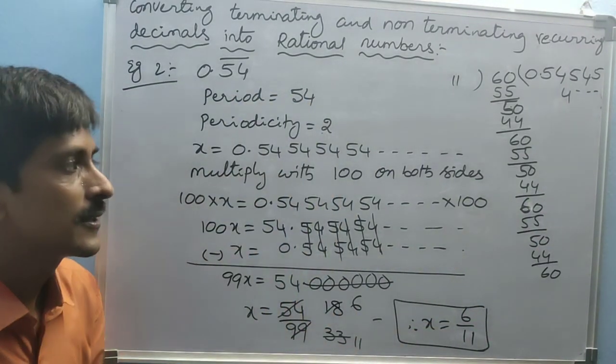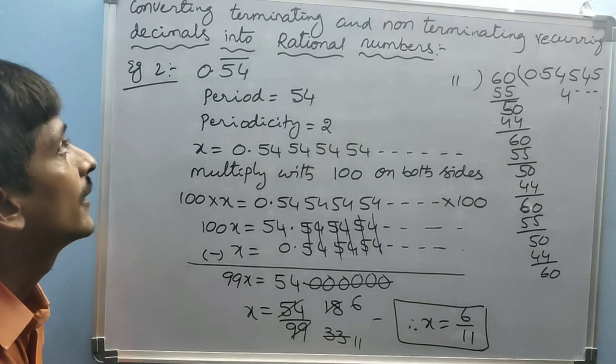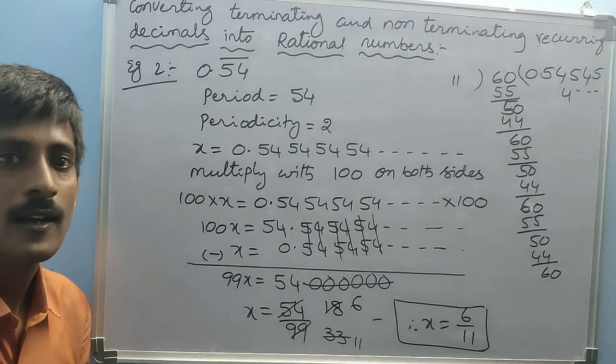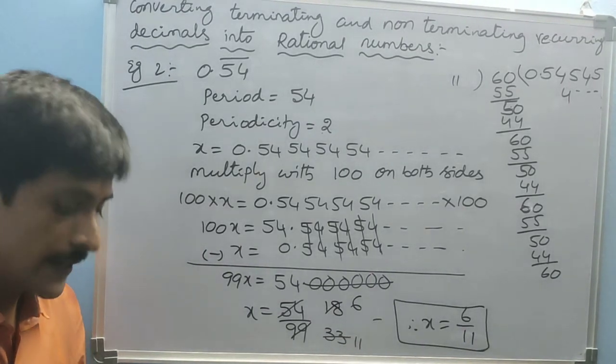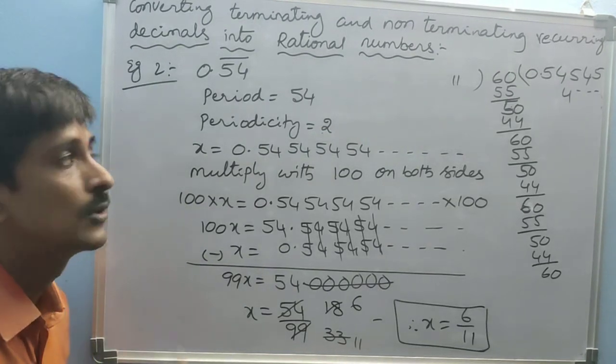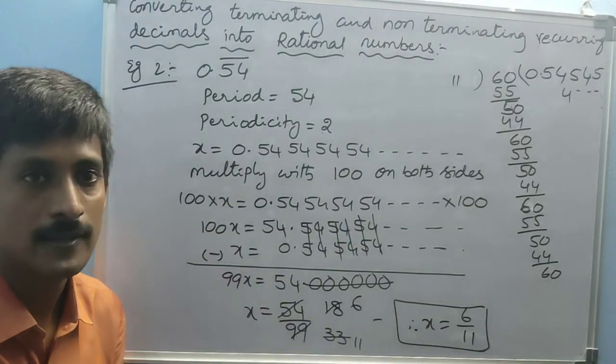This is the conversion of non-terminating recurring decimals into rational numbers.